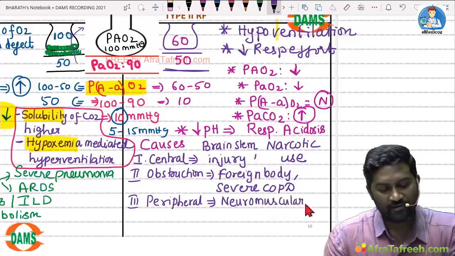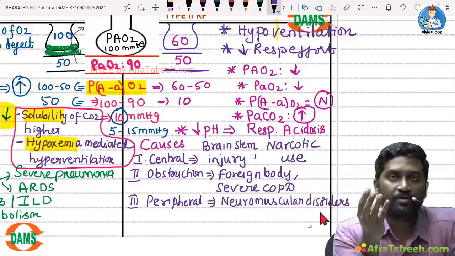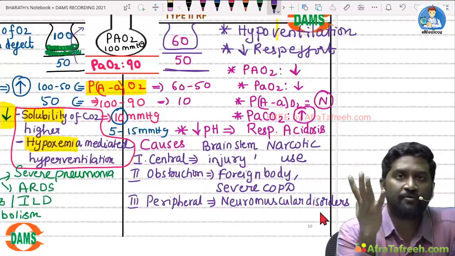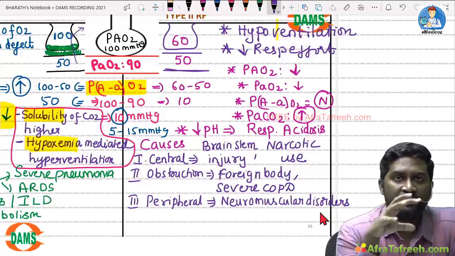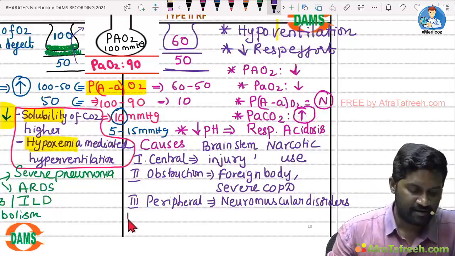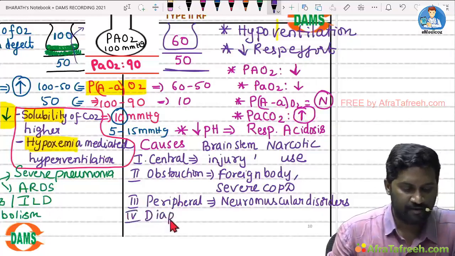Already I have discussed the neuromuscular disorders associated with respiratory muscle weakness: polio, myasthenia gravis, Guillain-Barré syndrome, amyotrophic lateral sclerosis. In all these, respiratory muscles become weak, and there will be decreased respiratory effort. Finally, what is the strongest respiratory muscle? Diaphragm. Whenever there is a diaphragmatic injury.